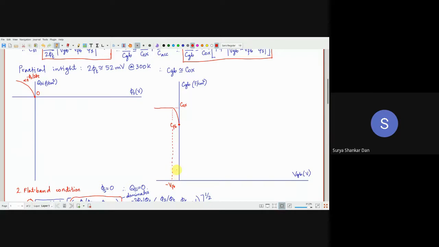So this is your zero error. Okay, so ideally if you are not having any flat band voltage, no phi ms, no QIT and so on, then this reduction in the CGB should occur at this point itself. That means VFB will be 0.